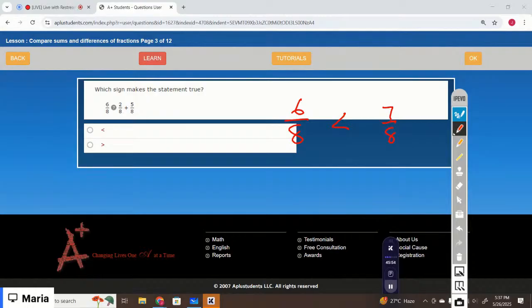So 6 over 8 is less than 7 over 8. Option number 2 is the correct option.